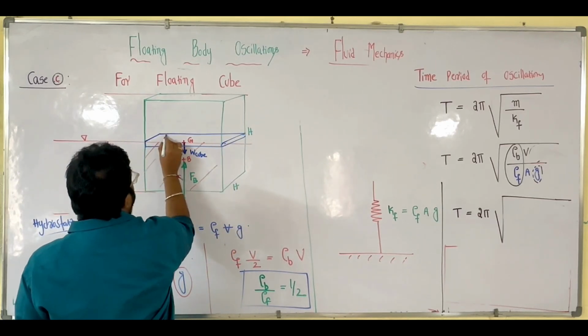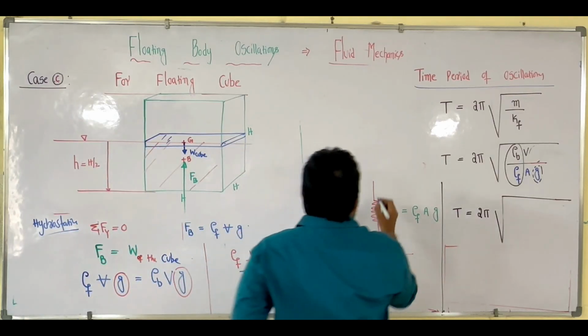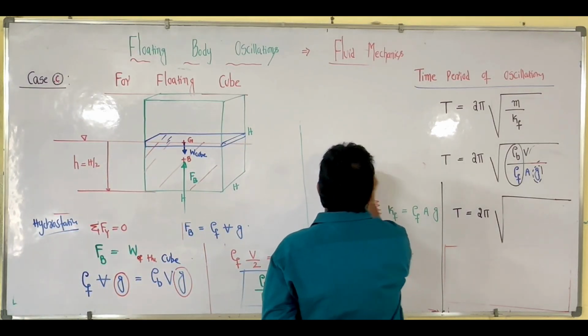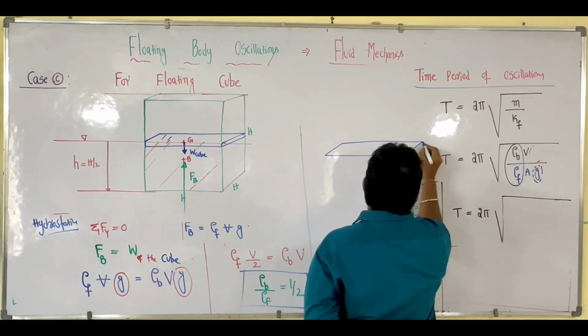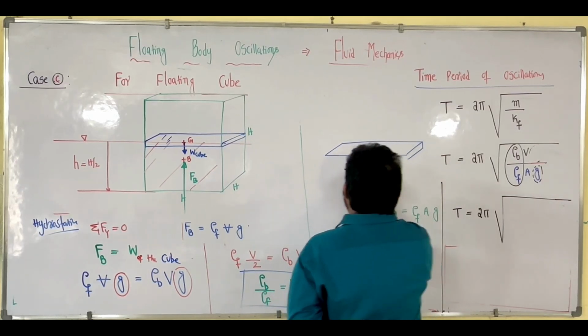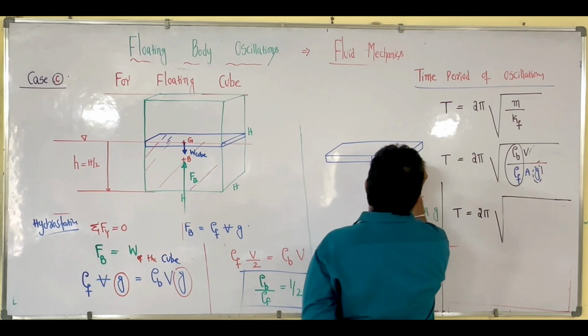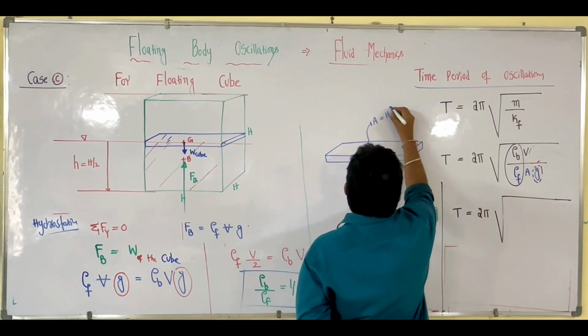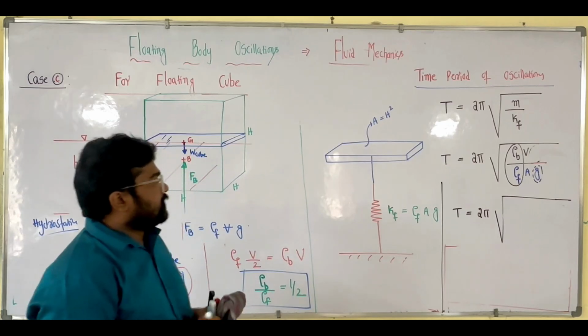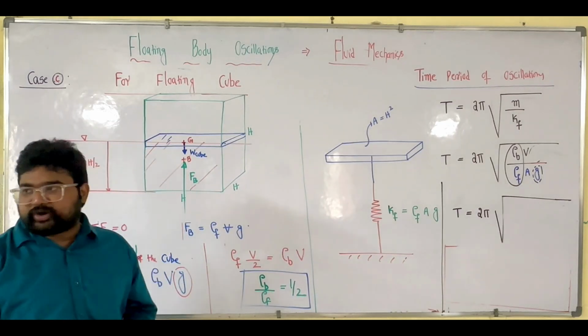What kind of area will you get? Square cross section. This is the area. Area equals how much? H square.